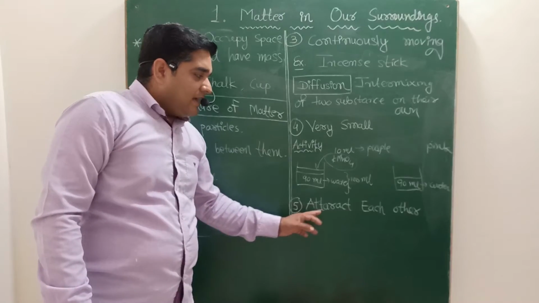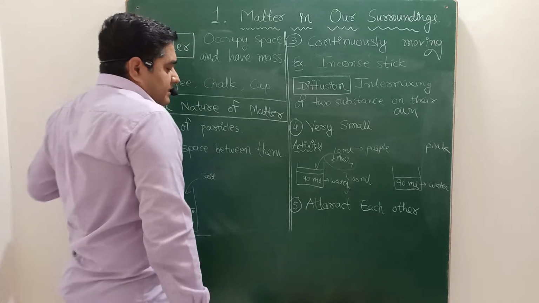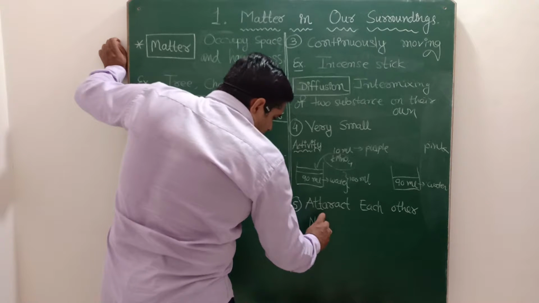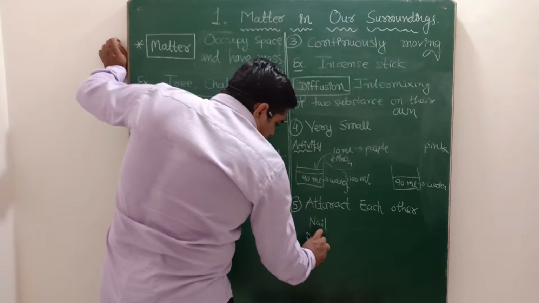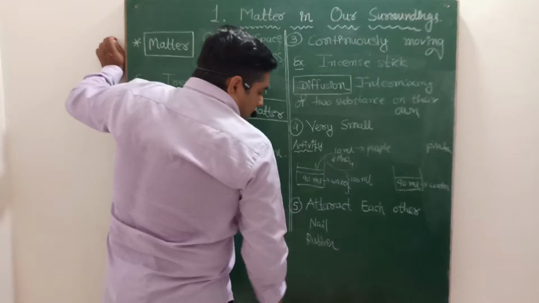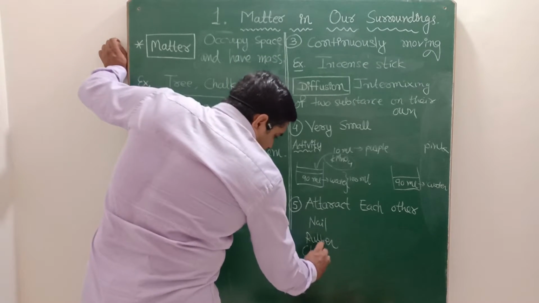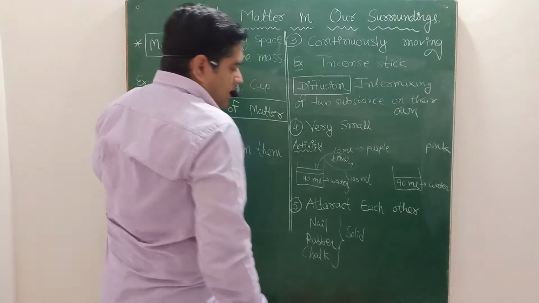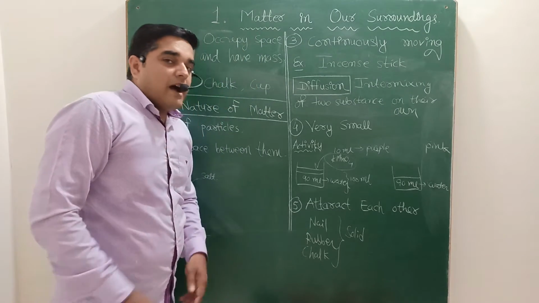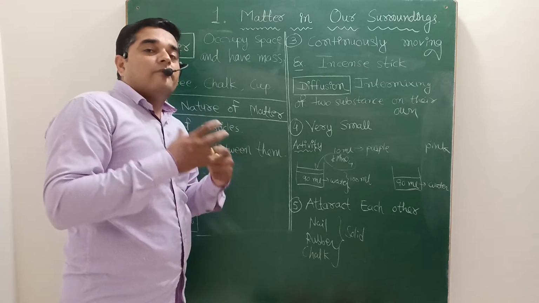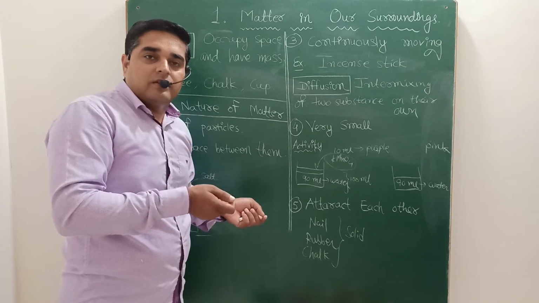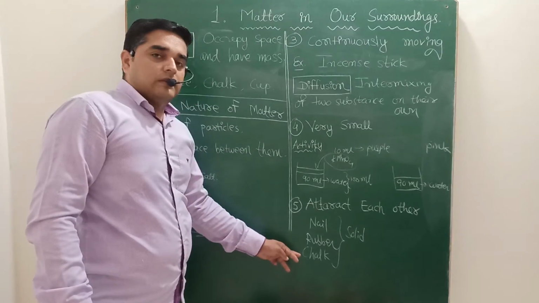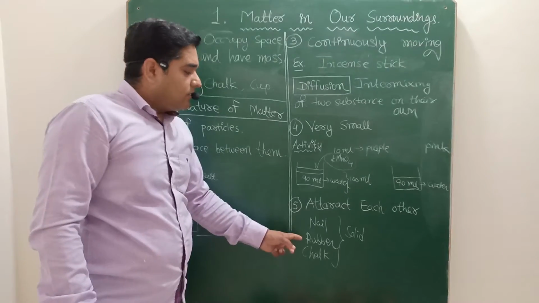Last one: they attract each other. Now friends, take an example: if I have an iron nail, then a rubber band, and last, this chalk, all three are solid. Now friends, tell me, if I want to break them by hammering, which one is first breakable? Chalk. Which is second? Rubber.